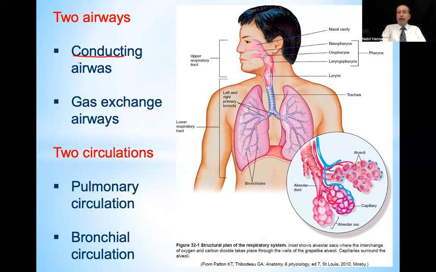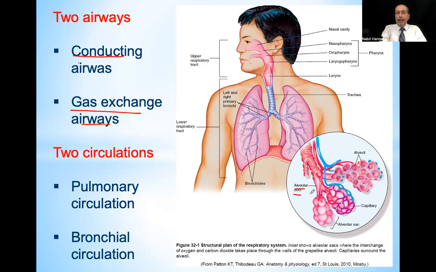So conducting airways are like the nasopharynx, the larynx, the trachea, the main bronchi, and their major branches.